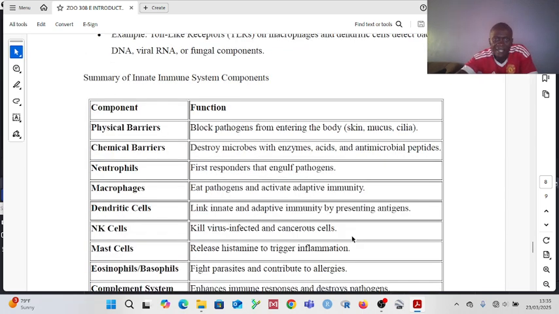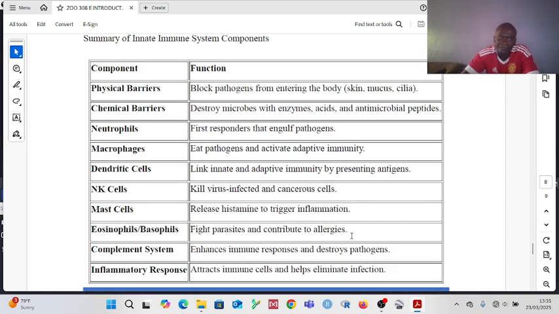So as a summary of the innate immune system, we have the physical barriers. The function of the physical barriers is to block pathogens from entering the body. We have examples of the physical barriers for us: the skin, the mucus, and cilia. The chemical barriers, what they do is they destroy microbes, either using enzymes, acids, or antimicrobial peptides.